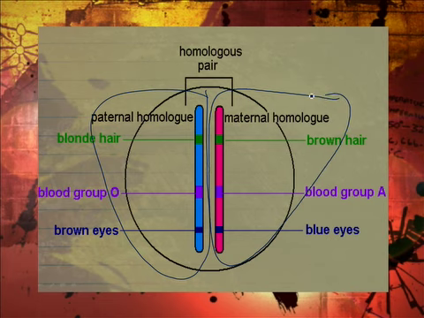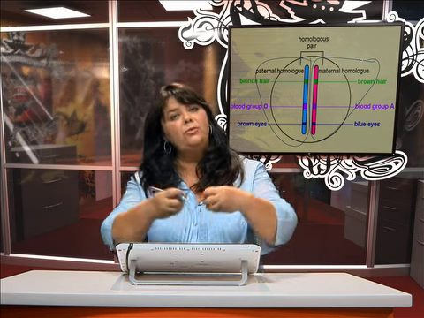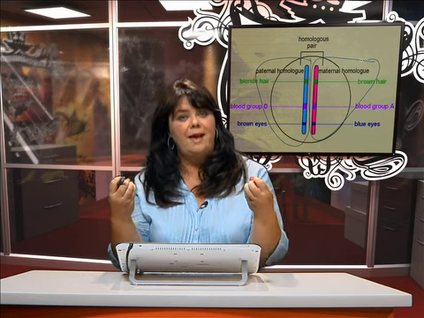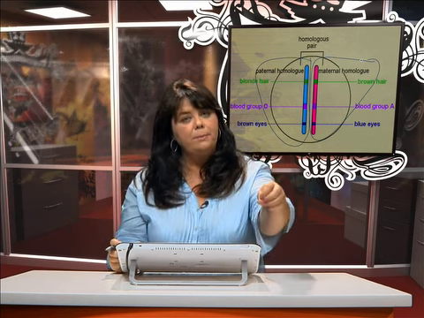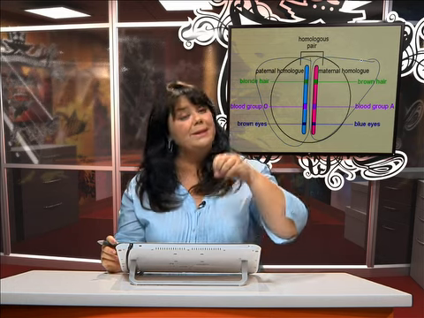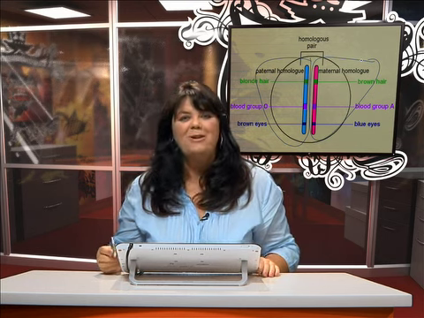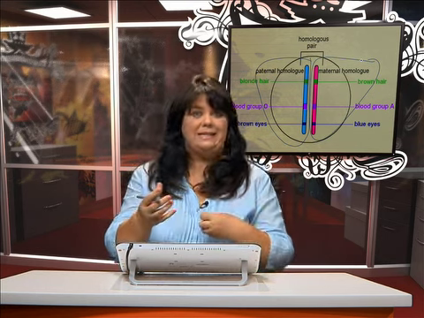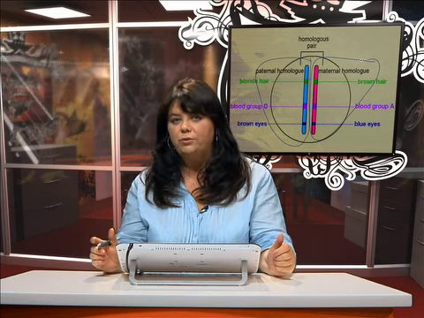And so a very simple way, because these two homologues have identical genetic information coded on them, is when you divide the cell and you're going to have half the number of chromosomes, to say, okay, this cell can have the paternal homologue for chromosome 1, and for chromosome 2 it can have the maternal homologue, and for chromosome 3 let's give it the maternal homologue as well. Now, it's not a case of let's give, it's a completely random assortment of the chromosomes.